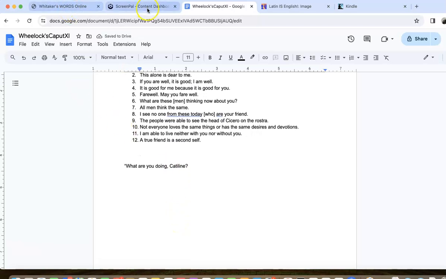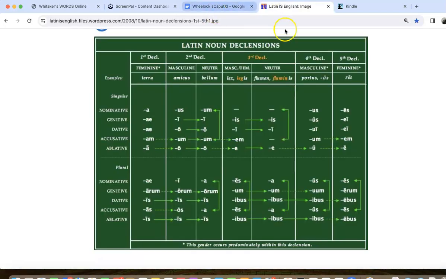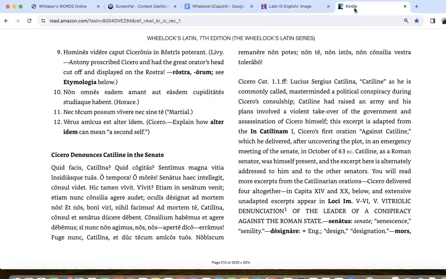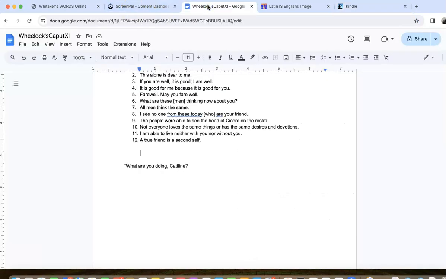Okay. Let me go ahead and give this a title as well. Cicero denounces Catiline in the Senate. We'll go with that right there.